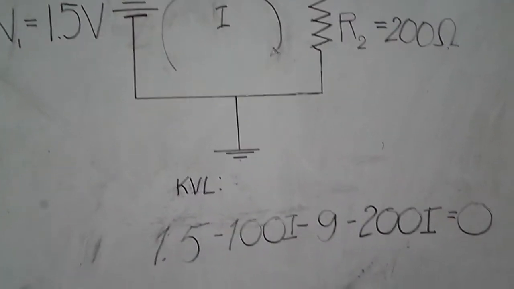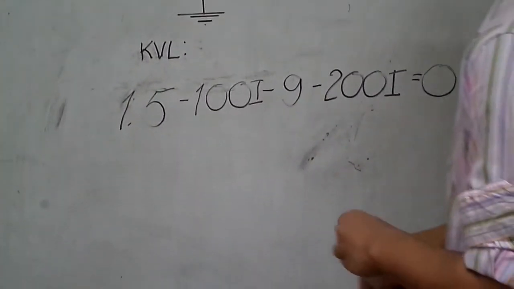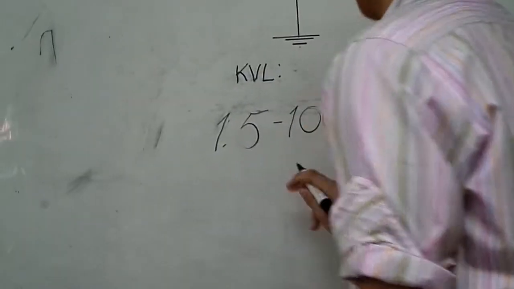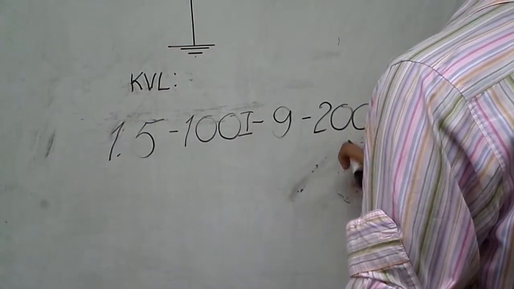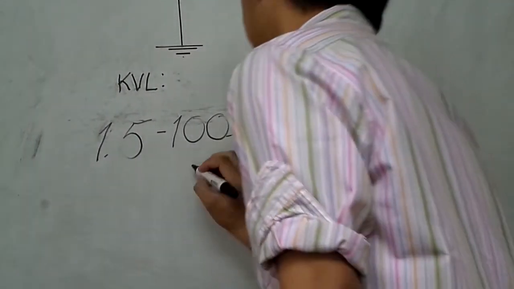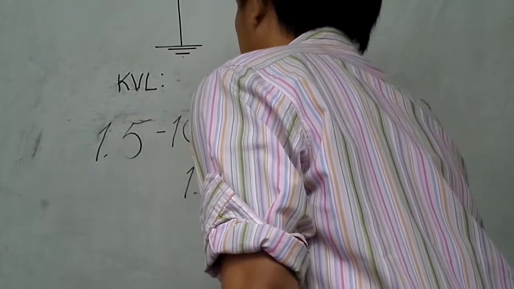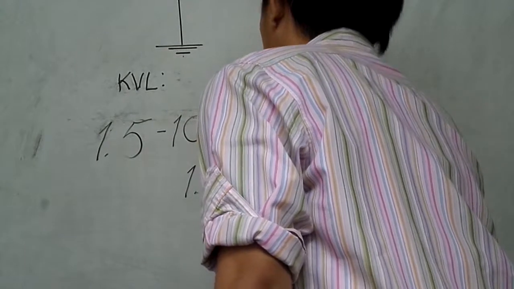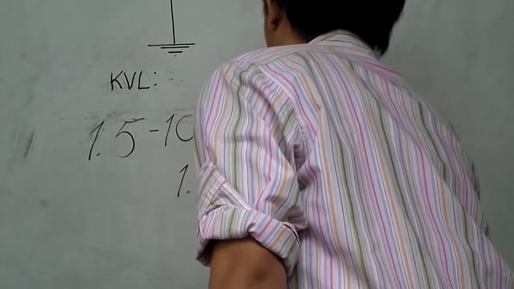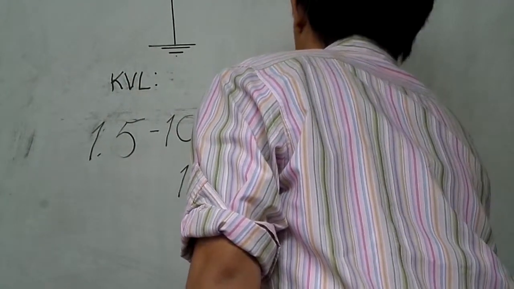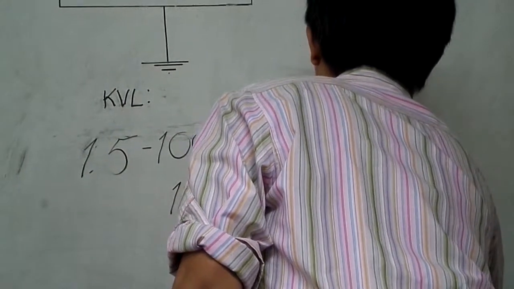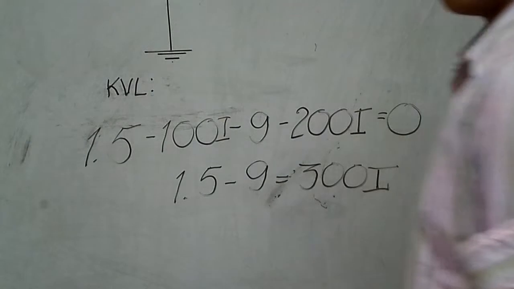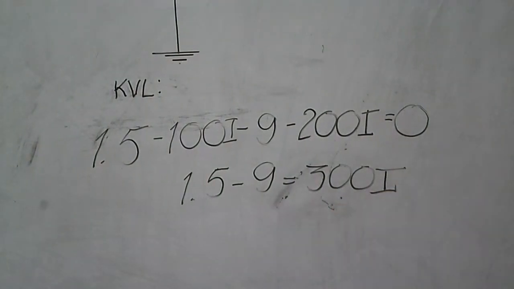We should do the algebraic part. Transposing this 100 I and 200 I to the opposite side, we will have this equation.